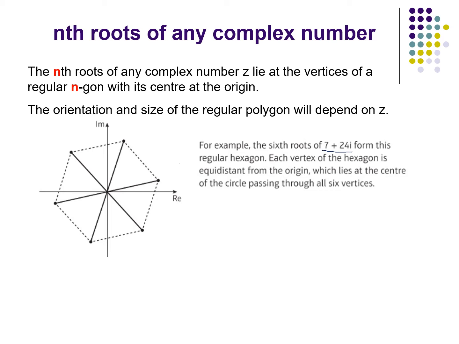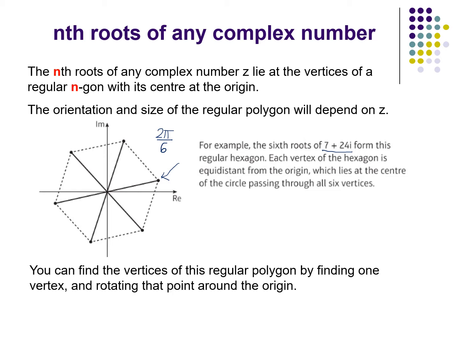We get our first corner by doing the 6th root of the modulus, and then dividing the argument by 6. Then we rotate around by 2 pi by 6 because we need 6 corners, which is equivalent to rotating by pi by 3. And then they all sit on this circle, which has the same magnitude as the first root.